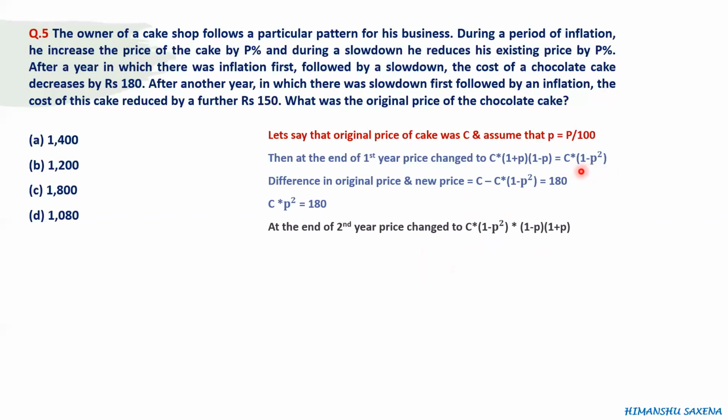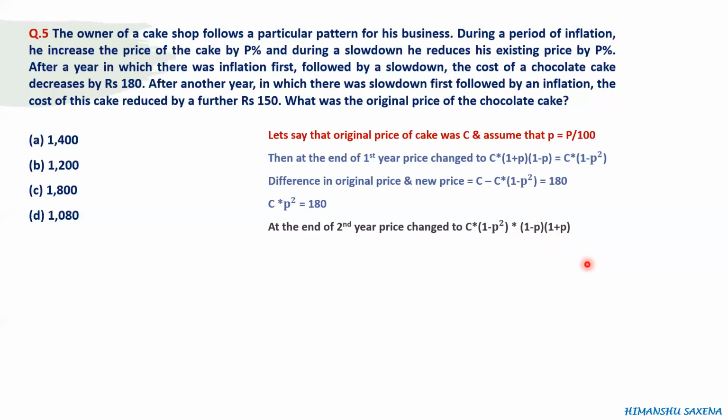So C into 1 minus p square into, so slowdown happened and then inflation happened. When slowdown happened, you multiplied with 1 minus p. When inflation happened, you multiplied with 1 plus p, because he increases the price by p% during inflation and reduces the price by p% in slowdown. That's why 1 minus p and 1 plus p here.